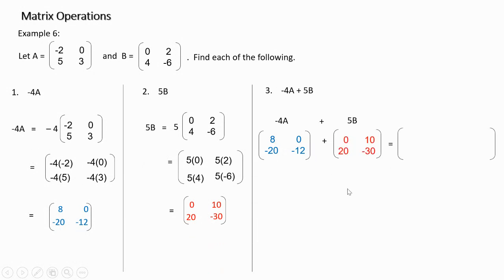So it's going to be 8 plus 0, 0 plus 10, negative 20 plus 20, and negative 12 plus negative 30. So my result will be 8, 10, 0, and negative 42. This is the result of negative 4 times matrix A plus 5 times matrix B.